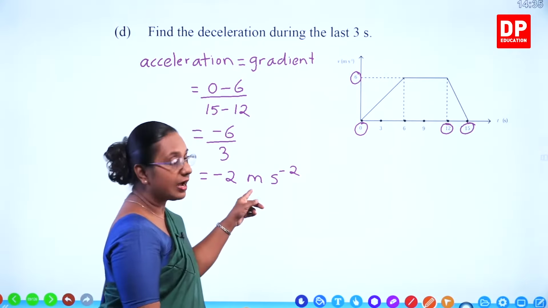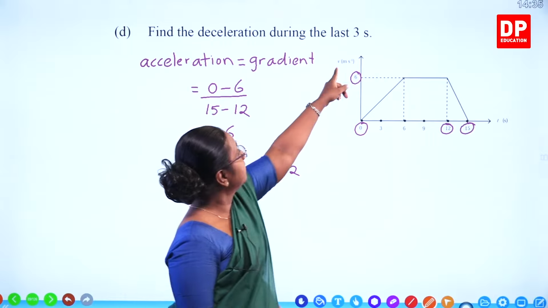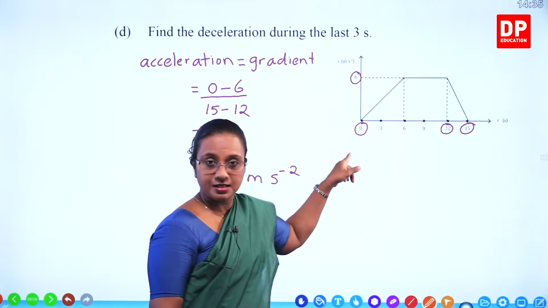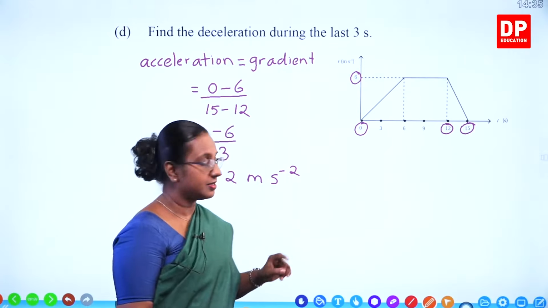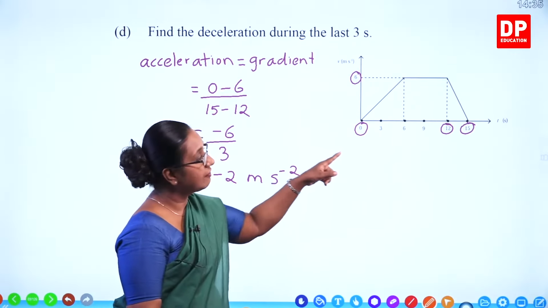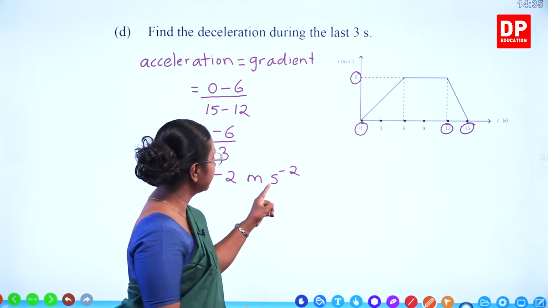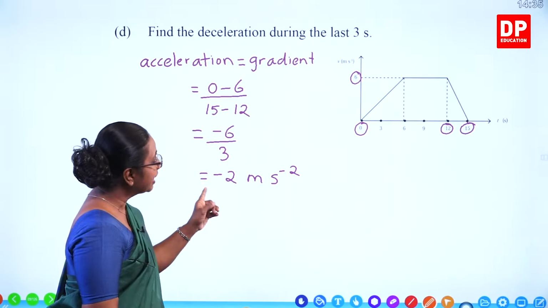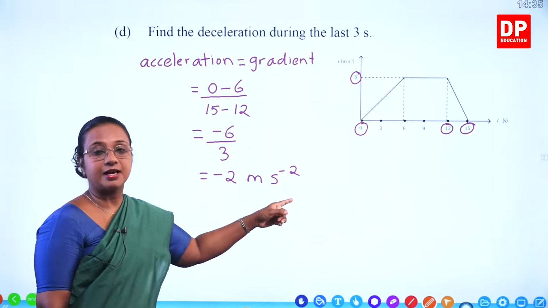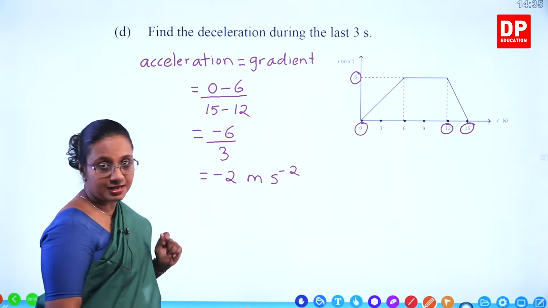squared. How do I get this unit? It is meters per second in the y-axis and per second in the x-axis. ms minus 1 divided by second is ms minus 2. So, we get the answer as minus 2 meters per second squared for acceleration.